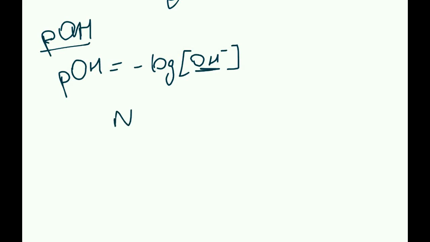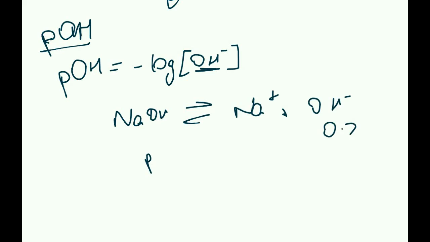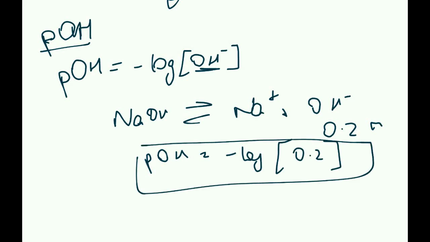Say I take NaOH, dissociating into Na plus and OH negative, and say this gave me 0.2 molar. So pOH is negative log of 0.2. That's pOH.